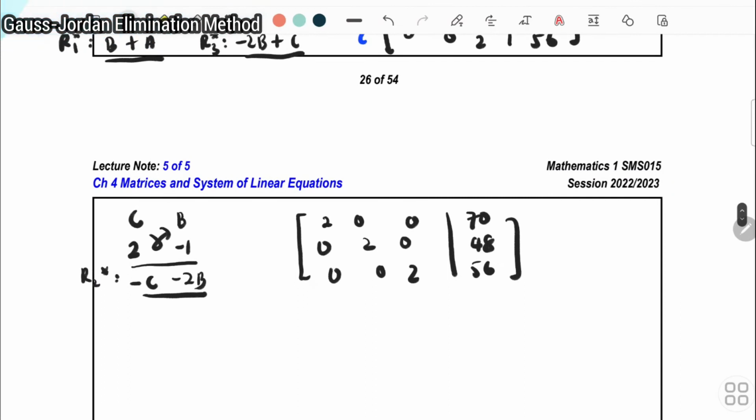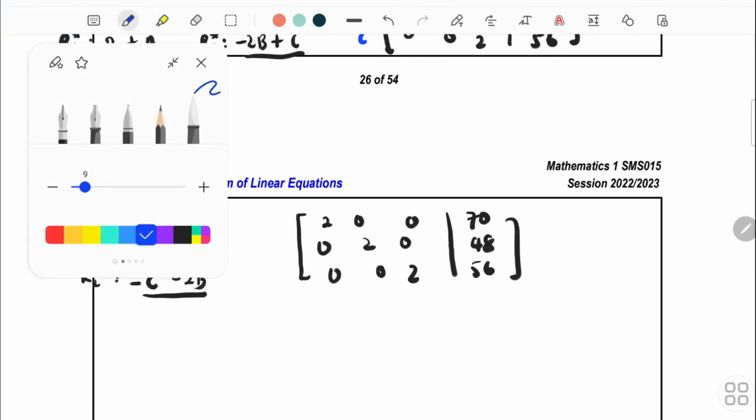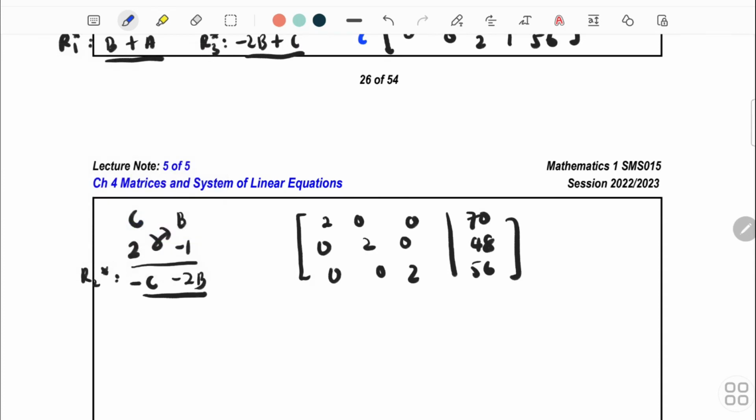So up to this step we have done the step of making all the elements that need to be 0. For the first column, the second and the third row should be 0. The second column, the first and the third row should be 0. And for the third column, the first and the second row should be 0. So we have made everything except the diagonal entry become 0.